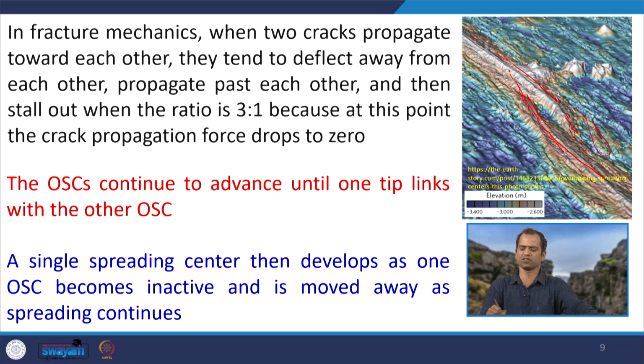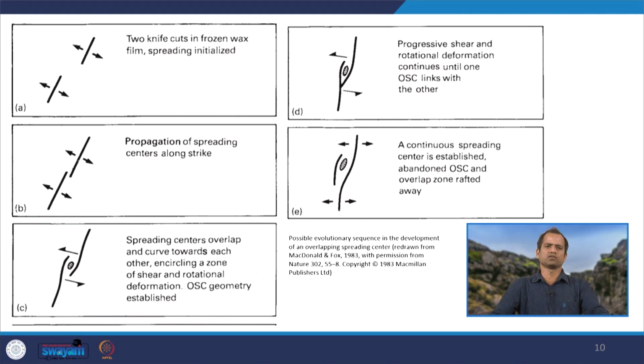Now you see from the digital elevation models how these abandoned OCS are lying here at the East Pacific Rise. Now, the whole mechanism has been represented here in a diagrammatic manner. If you see here, these are two knife cuts in frozen wax, that is, spreading initiates here.